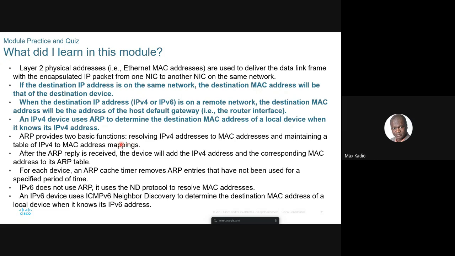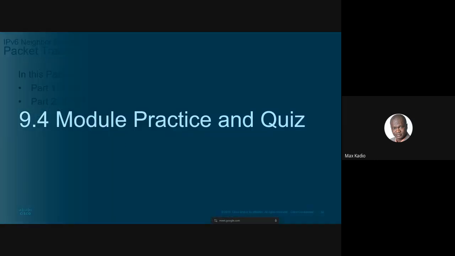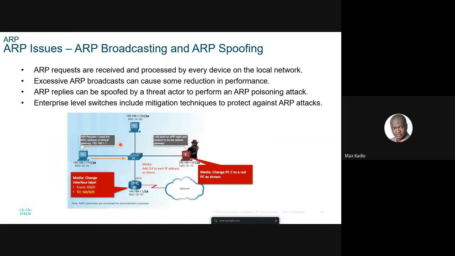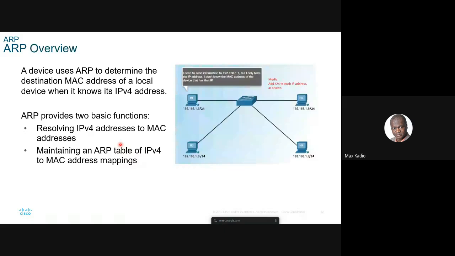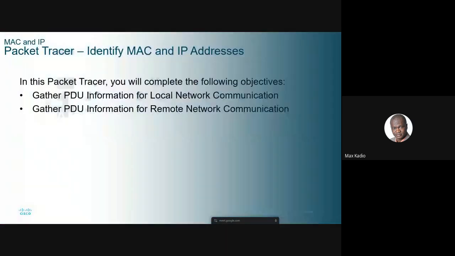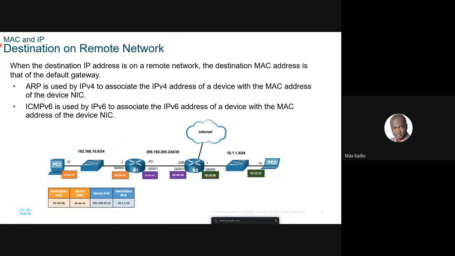Yeah. So you see, let me go back here, because the main thing of ARP is here. If you're not in the same network, it's like PC1 wants to communicate with PC2.